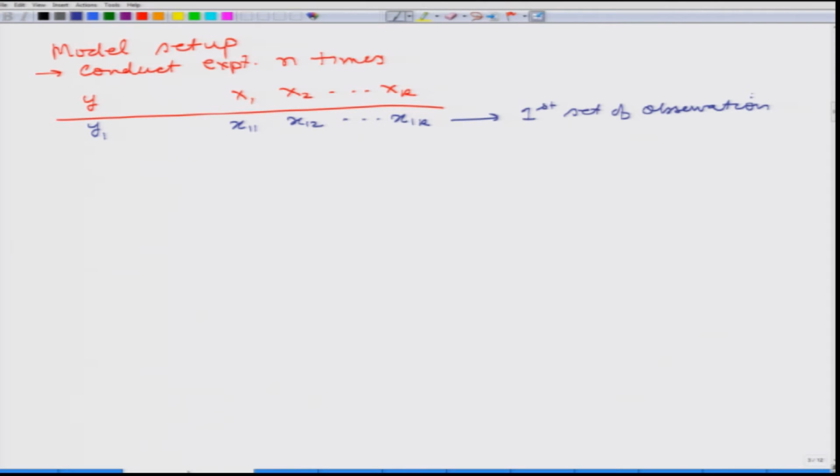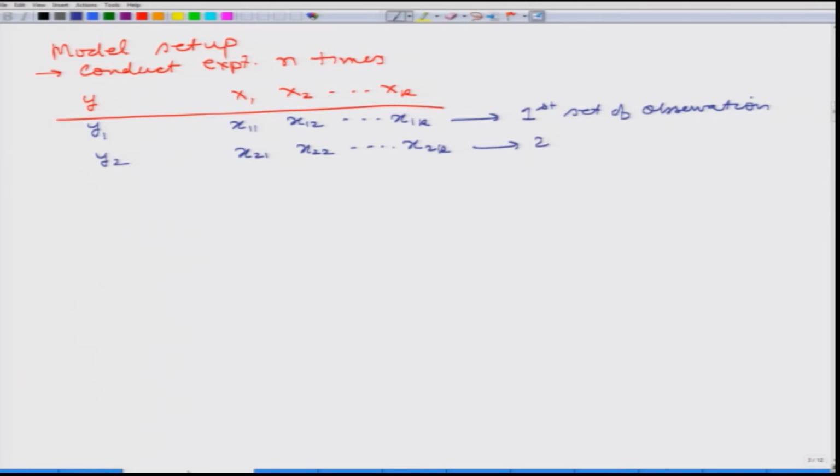And similarly, we try to obtain the second set of observation, that we give the value x1 as say x21, x2 the value x22 and xk the value x2k, and we obtain the observation y2.